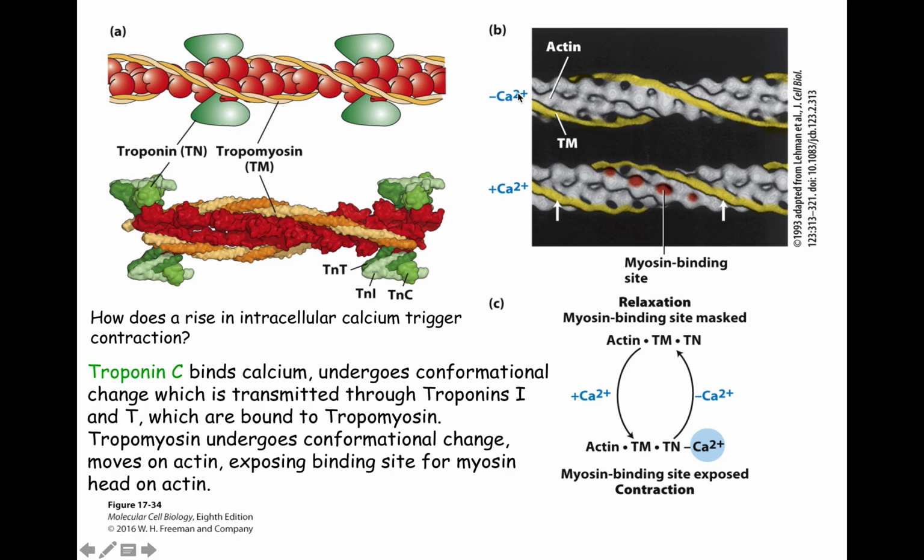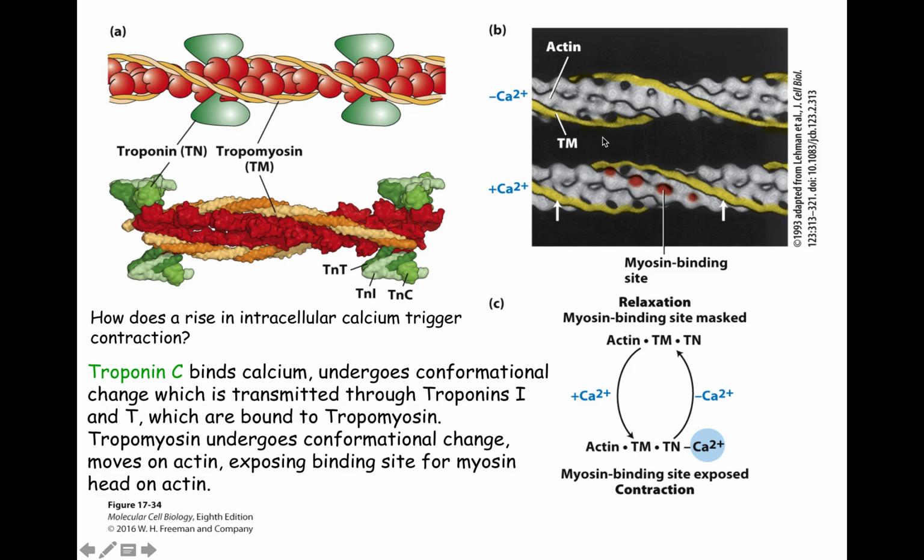When tropomyosin is bound to actin without calcium present, it has this sort of shape, and with calcium present, it has this sort of shape. So it looks like the same thing, but what has happened is the tropomyosin has rotated away, exposing myosin binding sites on the actin.